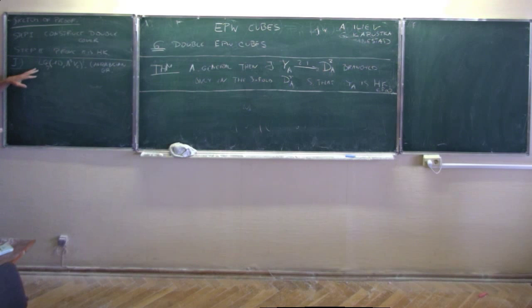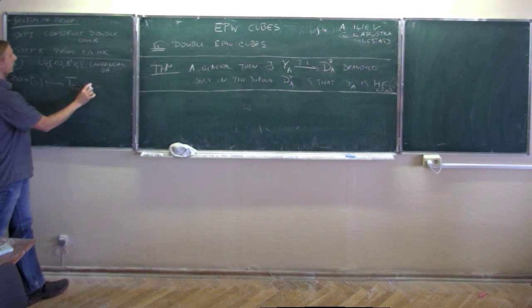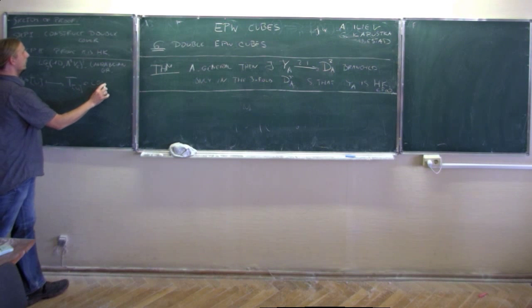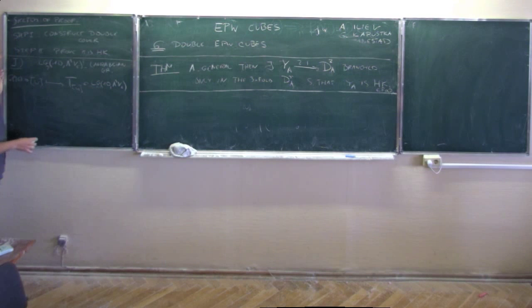We will note it like this. And our family, which takes U in G36 to T U in LG, just a embedding of G36 inside this big Grassmannian.